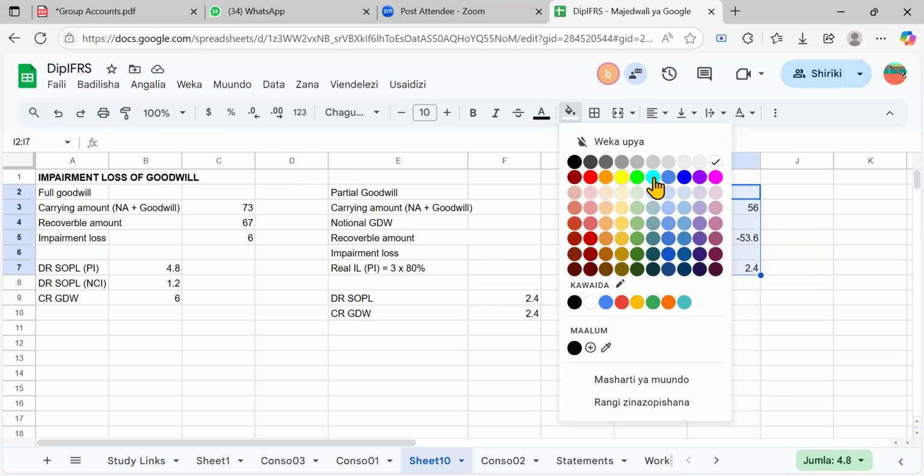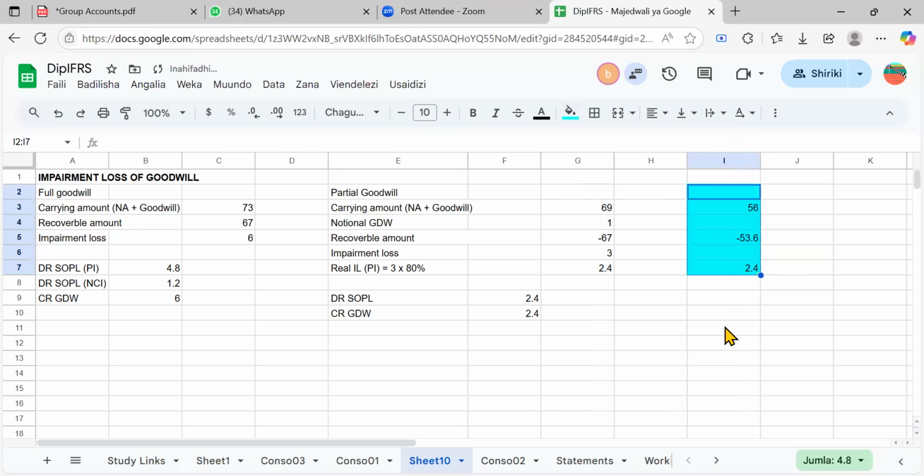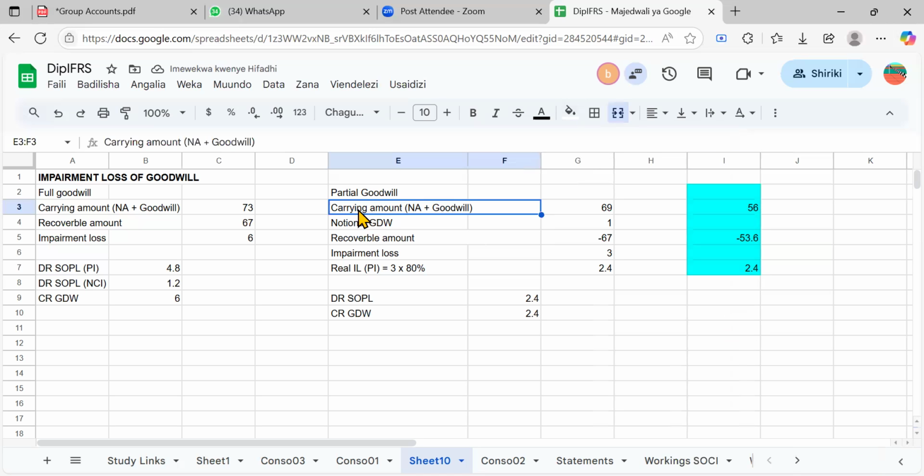But you know, I don't know why in the books they use the first one, but I think the second one is better because you see that, okay, my goodwill is not at 100%. So let me also change, since my net assets and the recoverable amount are at 100%, let me change them to 80 so that I get directly the figure that I need. And this one will directly be related to the parent interest.